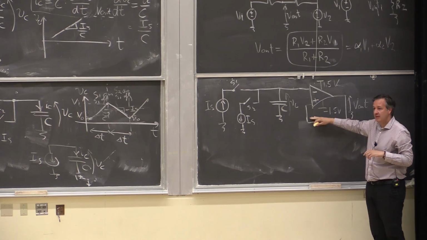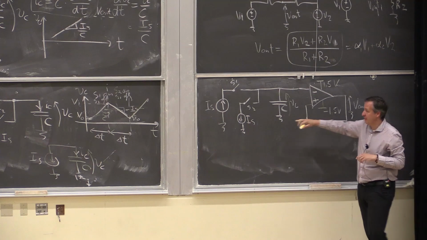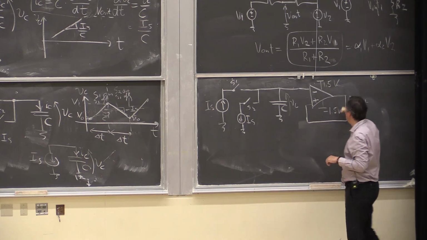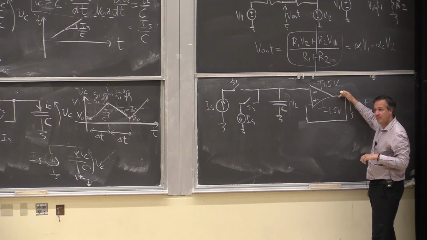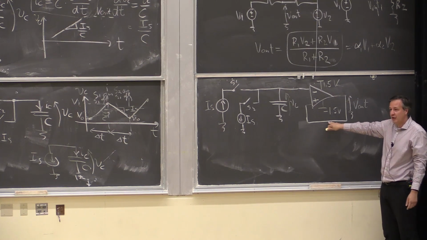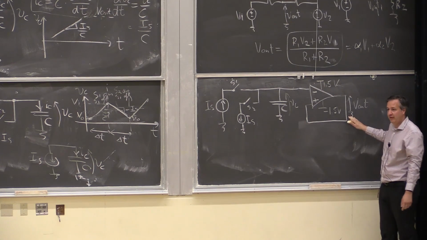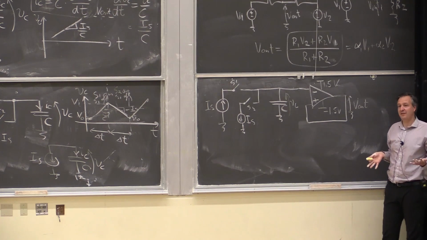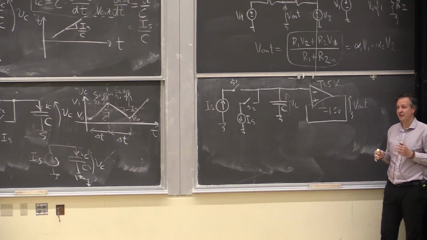But in this case, I do need to make sure that my V0 and V1 are indeed aligned with 1.5 volts. Okay. So let's first take a look at what I did here. Is this circuit in negative feedback? No. This circuit is actually in what we call positive feedback. So it's crazier than ever.